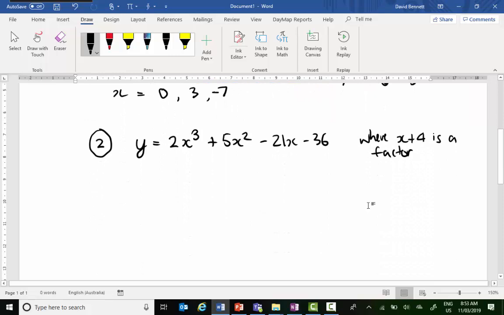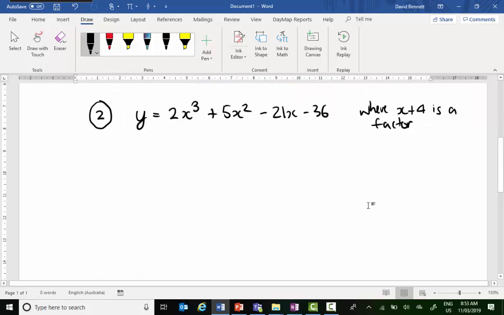Now this second example is the sort of thing that you would most likely see in a test. We're being told one of the factors is x plus 4, and we've got this polynomial, and we want you to do this by hand.